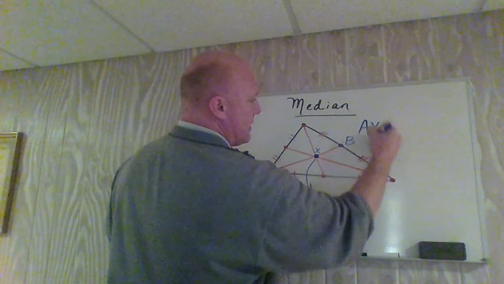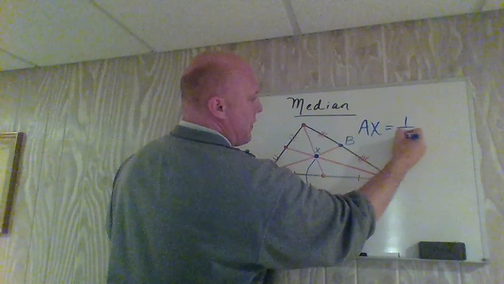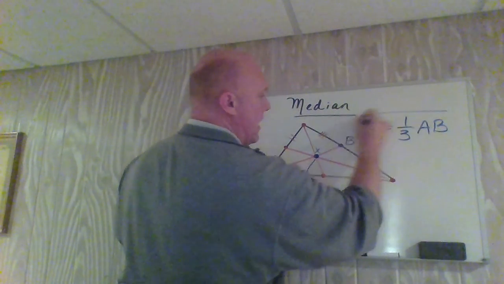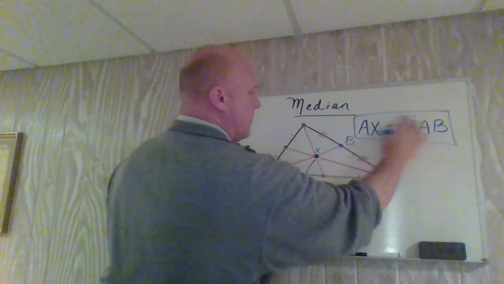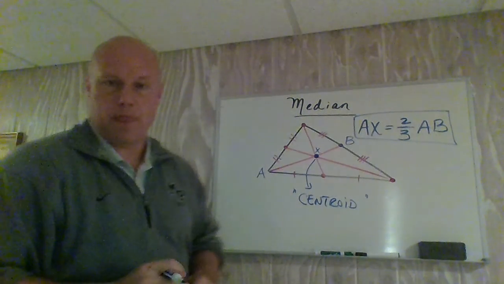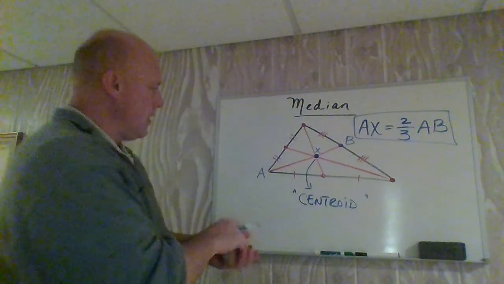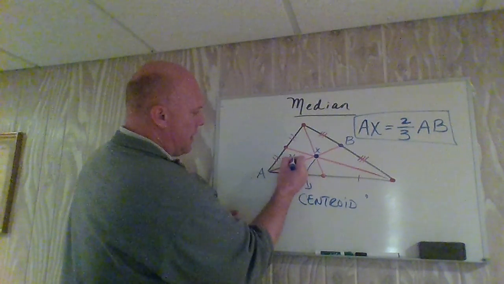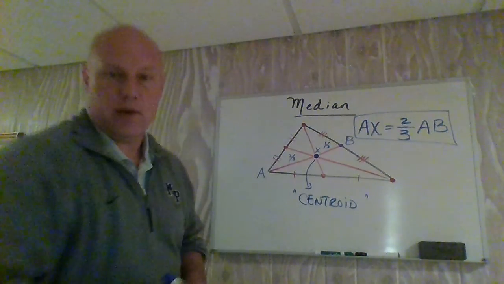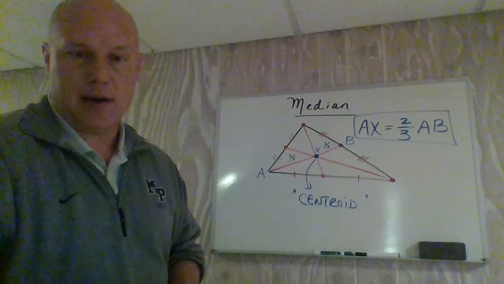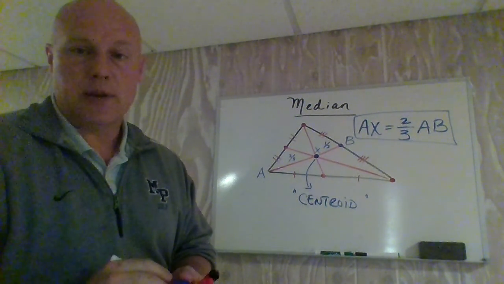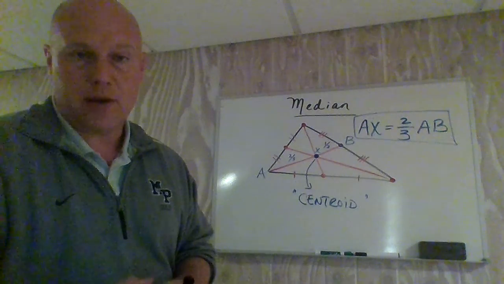We would say AX equals 1/3 of the entire length of AB. Excuse me, my apologies, 2/3. So AX would be 2/3 of the length, which means that XB would be 1/3 of the entire segment. I hope that makes sense. And you had example problems in your packet to refer to.